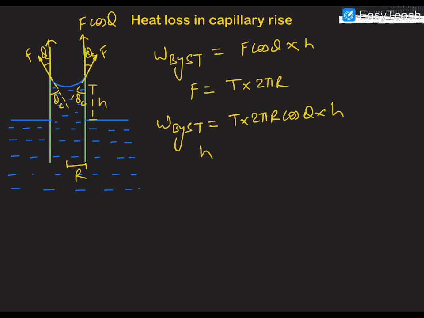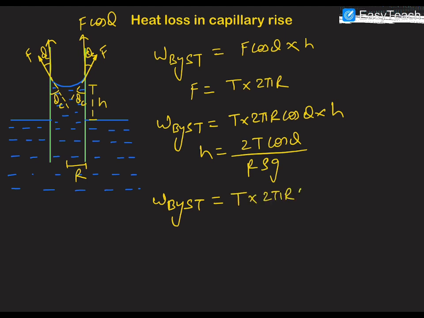and we can substitute the value of h as 2T cos theta upon r rho g. This formula we have already derived in the previous video. So the work done by surface tension will be T into 2 pi r cos theta into 2T cos theta upon r rho g.